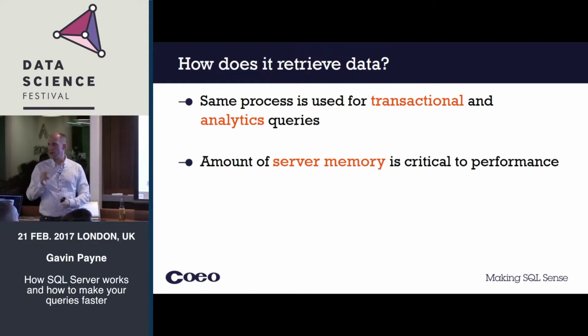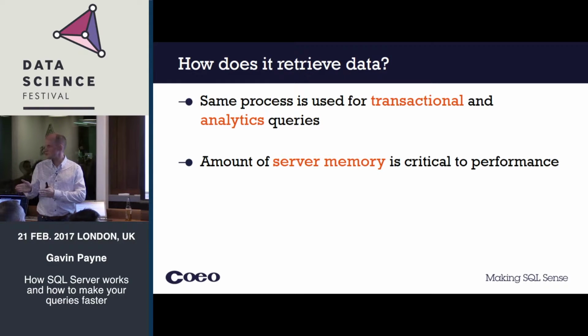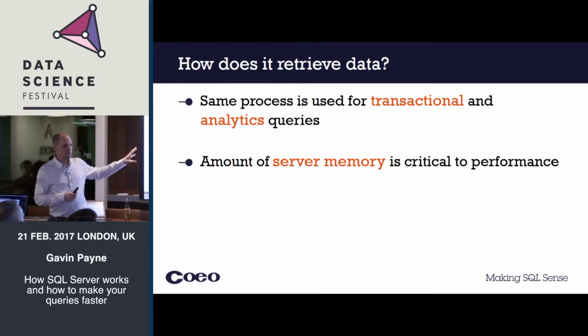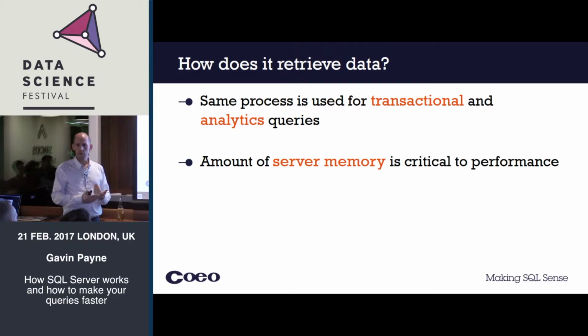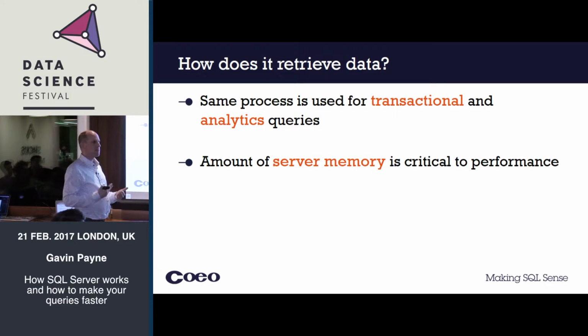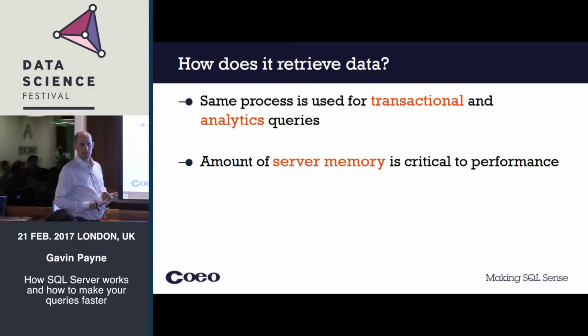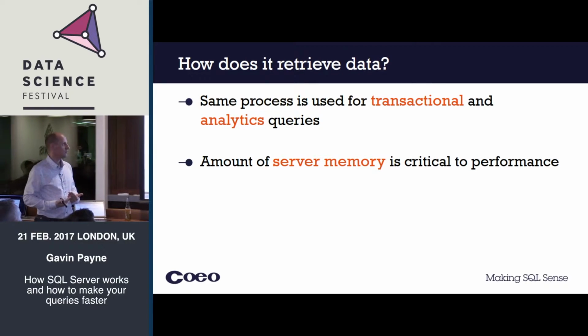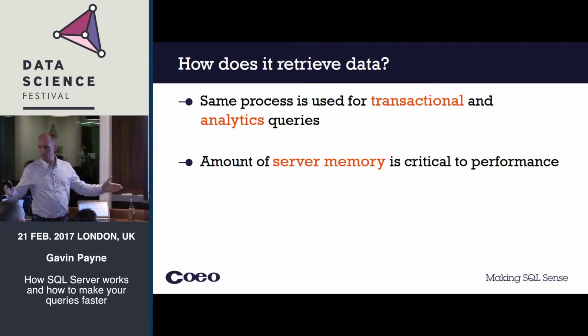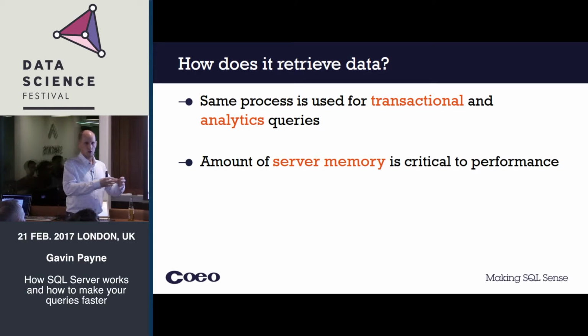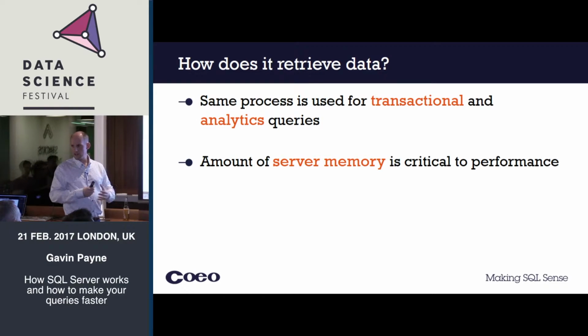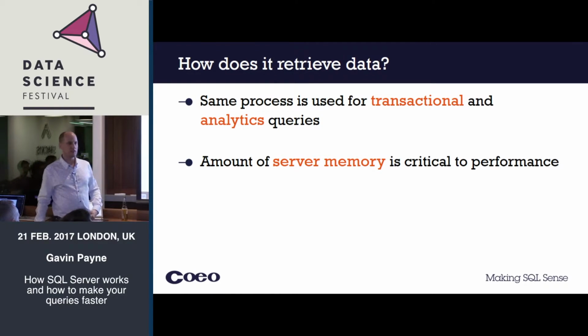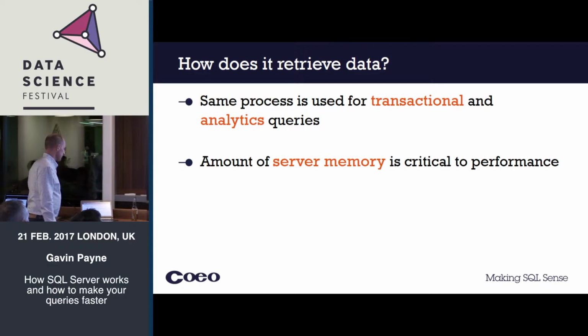So that could be for a high concurrency transactional system where the average amount of data that a query uses is 1.5K, or it could be for an analytics system where people run queries that process hundreds of gigabytes of data. So it is a good universal engine, but we immediately start to see that on its own, without some extra management, we're immediately going to start hitting performance bottlenecks.